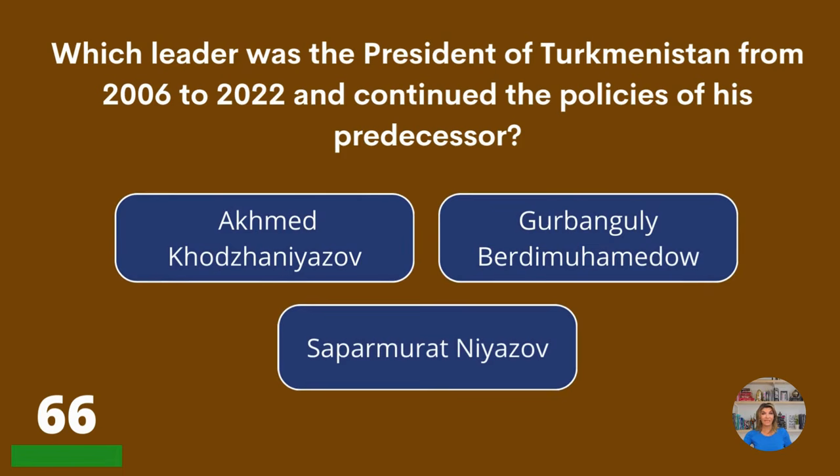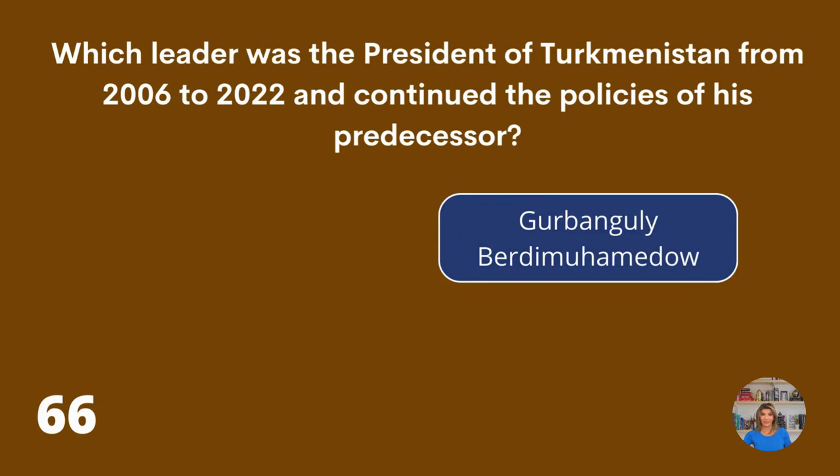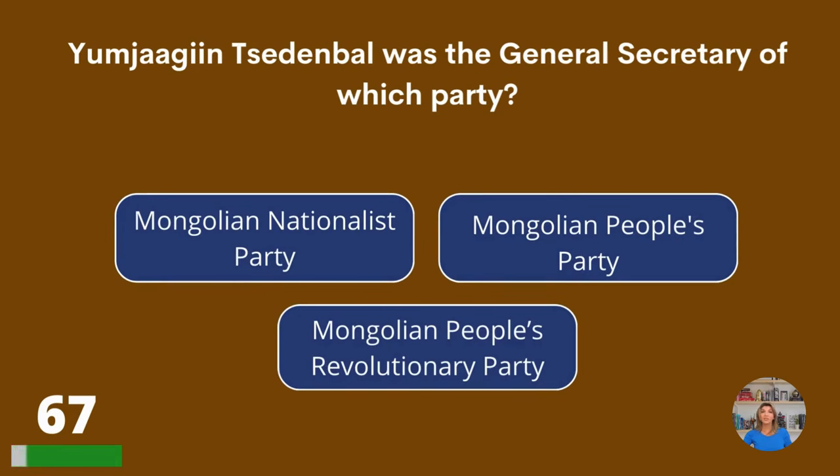Which leader was the president of Turkmenistan from 2006 to 2022 and continued the policies of his predecessor? I am not going to try these names. And there you have it. Sedenbal was the general secretary of which party?